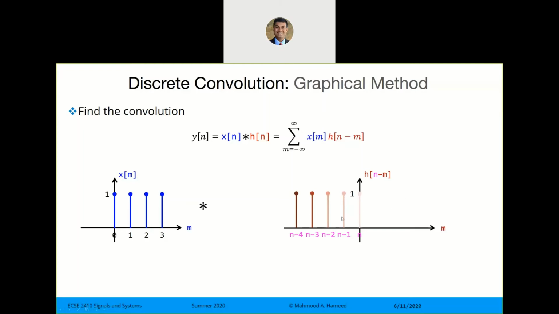And as you are moving things from left to right in integer time steps, you are multiplying the two signals and adding the results up. So I can indicate that movement from left to right as that. So I hope that that was a helpful discussion there.